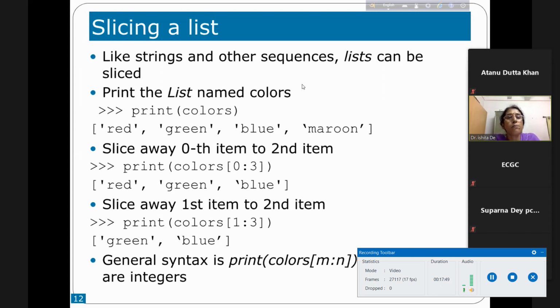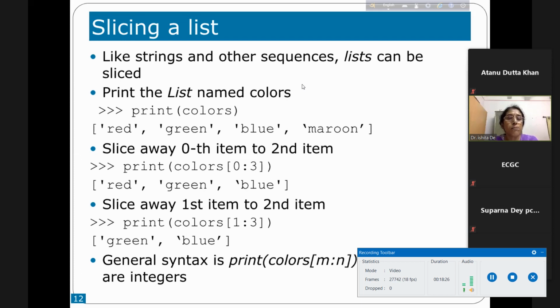So first, I print the list named colors, which gives us the four colors: red, green, blue, and maroon. Now, if we want to slice out the zeroth item up to the second item, that is, the first three members, 0, 1, and 2, of the list and print them, then what should we do?